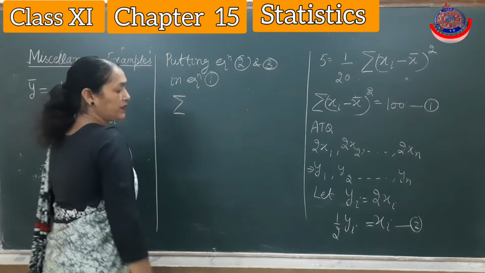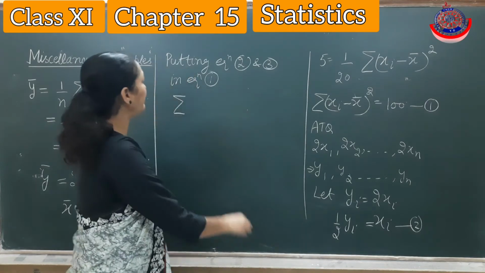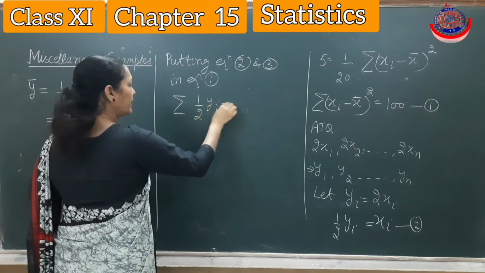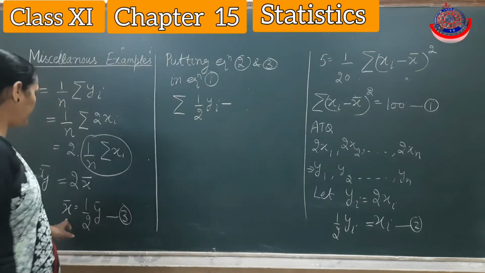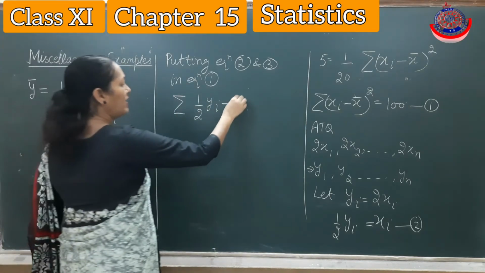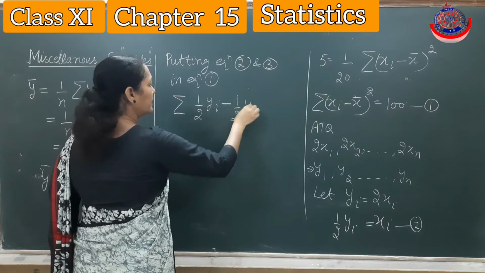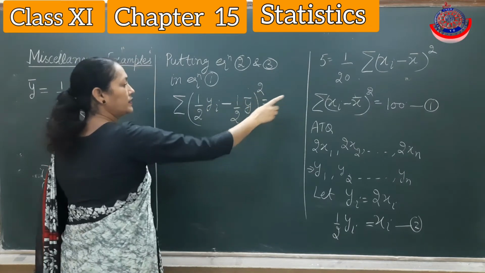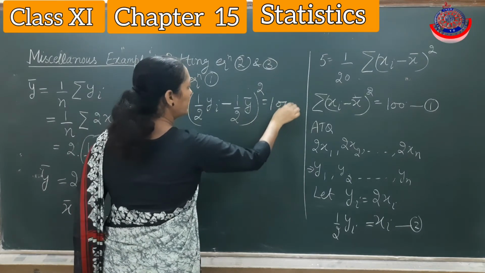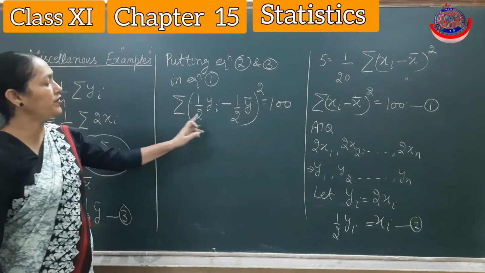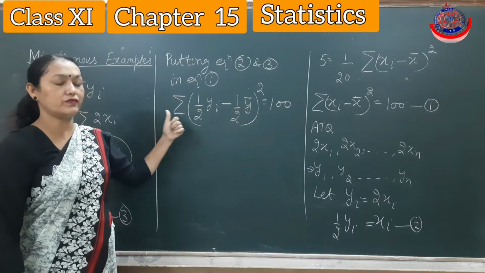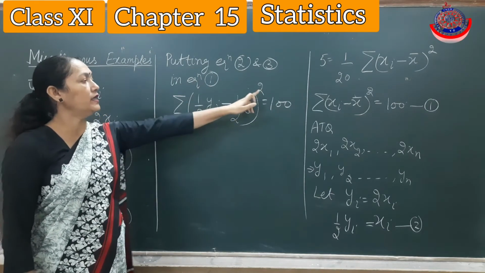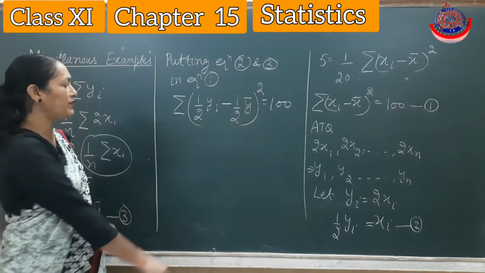Sigma, in place of xi we write half yi minus, in place of x bar we write half y bar, whole square, and on the right hand side 100 is there. Now if we take the half common from both the terms, after coming outside with the square, it becomes 1 by 4.